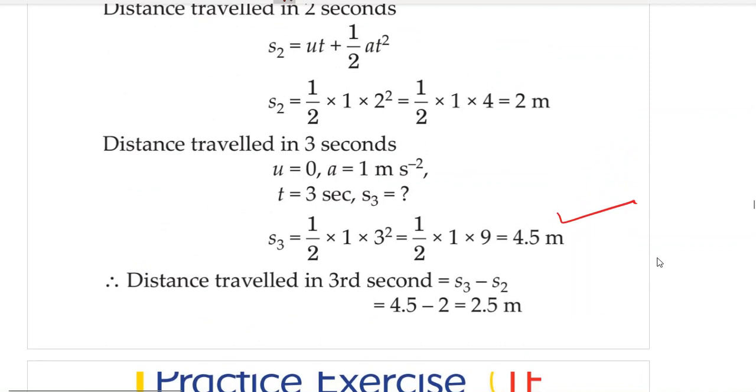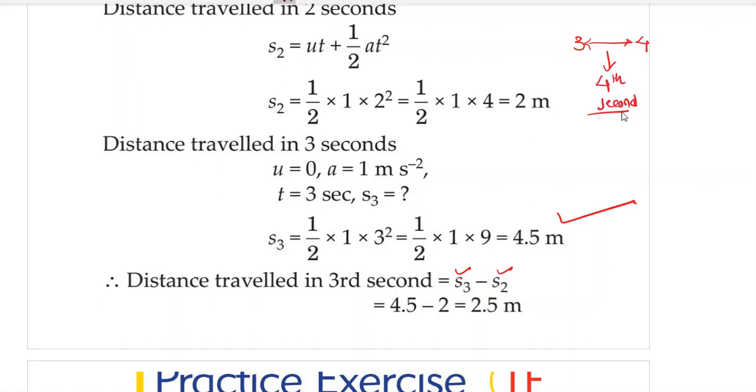Okay, so there is one tiny mistake which I made. Distance traveled in third second, they have taken as distance traveled in 3 seconds minus distance traveled in 2 seconds. So by mistake, I found distance traveled in the fourth second. Yes, because after third second comes the fourth second.